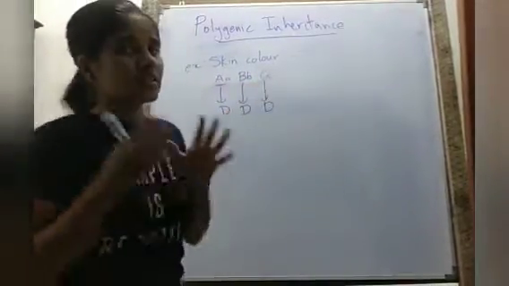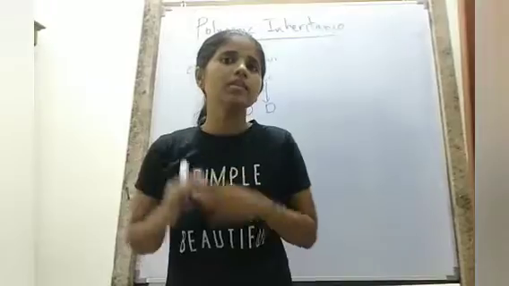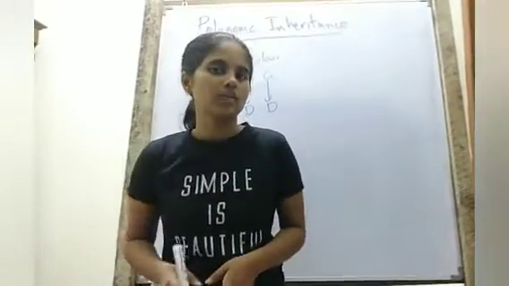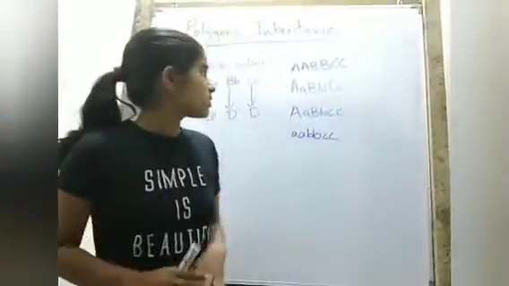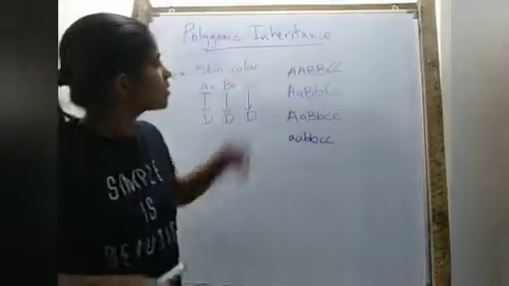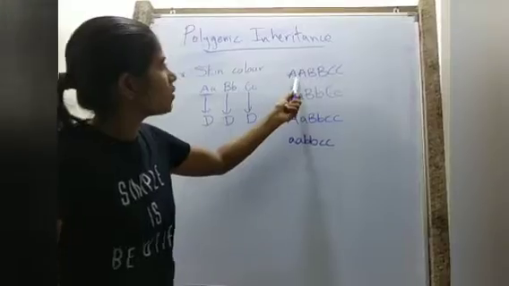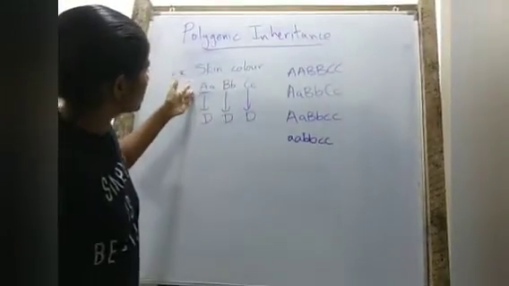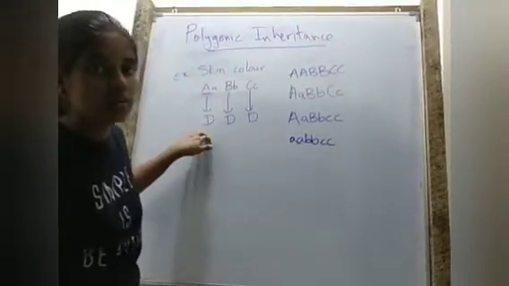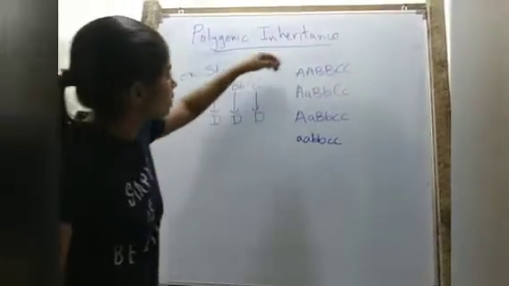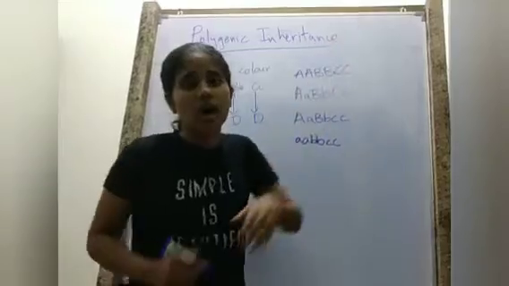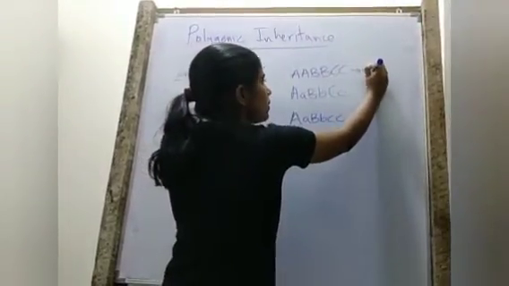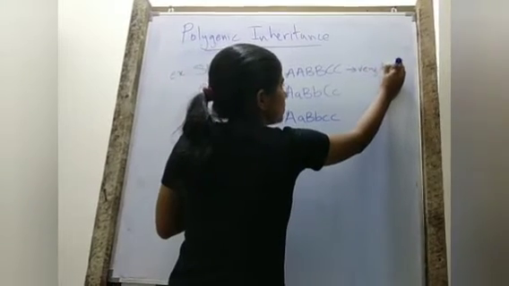If this was completely dominant, we wouldn't have such a variation in skin color. So let's consider a few genotypes for this skin color. Here we have the completely dominant genotype. Each dominant allele gives out 1 unit of darkness, so here we have 6 units of darkness. This gives the phenotype of very dark skin color.